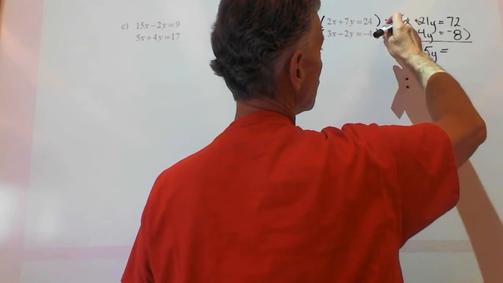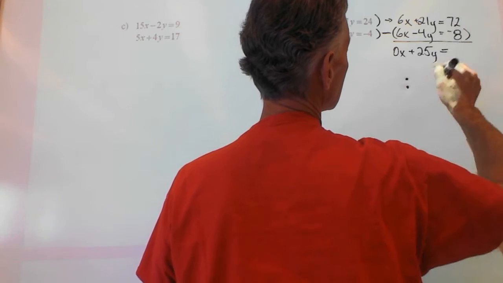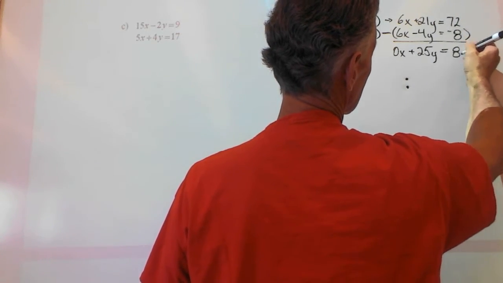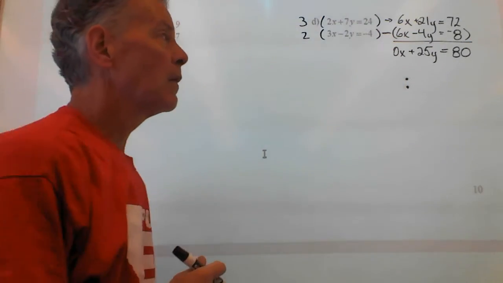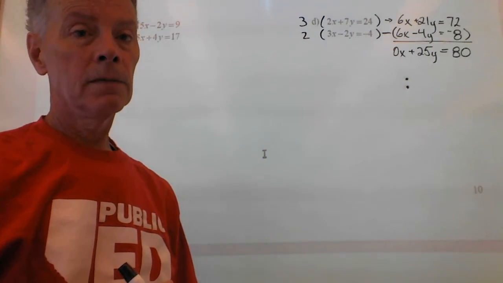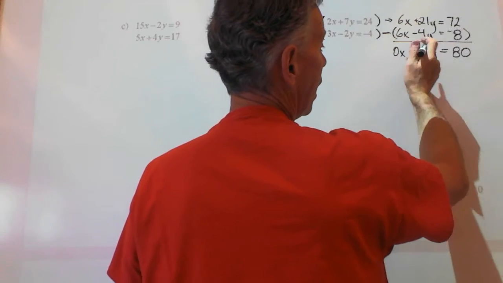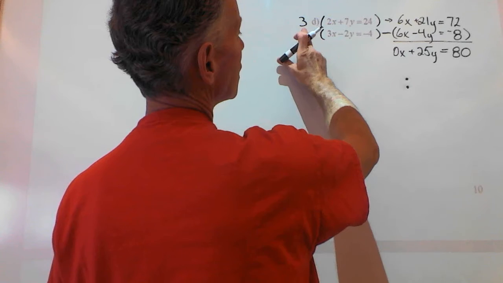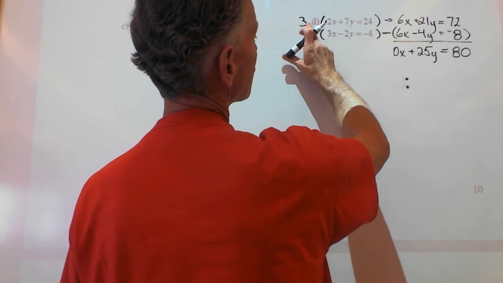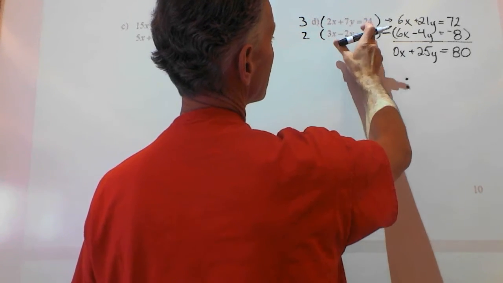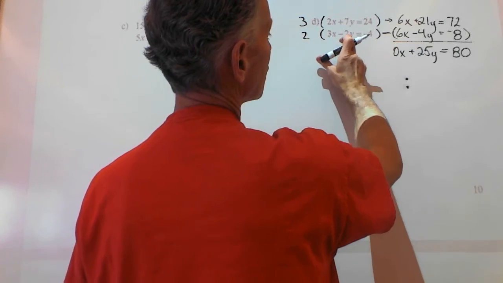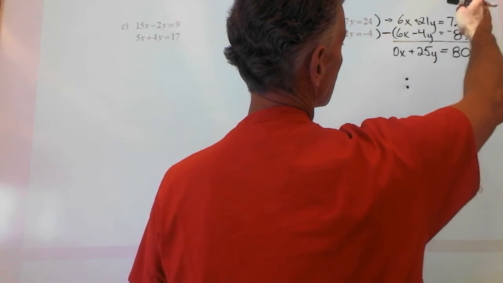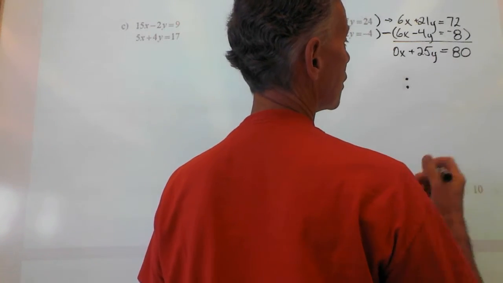And 72 minus negative 8 will give us, well, what's 72 plus 8? 80. Okay? This term disappears. I'm just going to check and make sure I haven't made a mistake. So 6 and 21 and 72, 6 and minus 4 and minus 8, that's right. And that's right. Okay, so we're good.